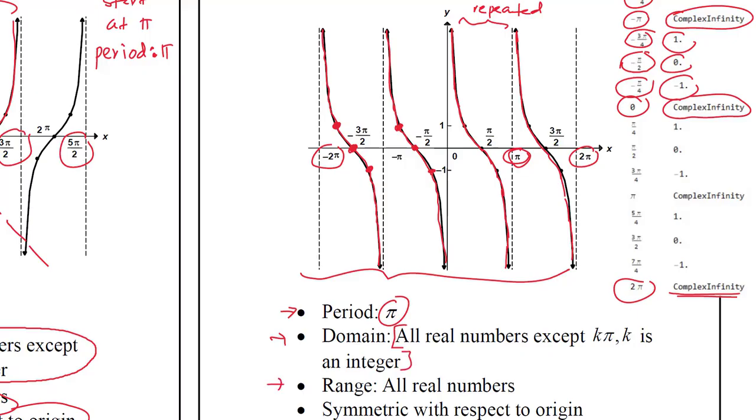And then the range is all real numbers. And then symmetry with respect to the origin. When we look at this graph, it is the same as this one, so this one is symmetric at the origin.